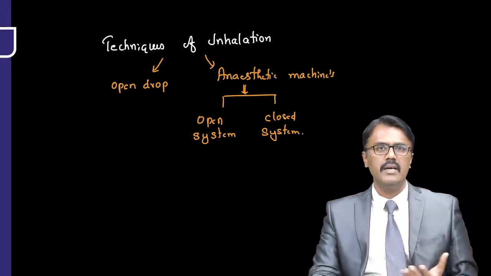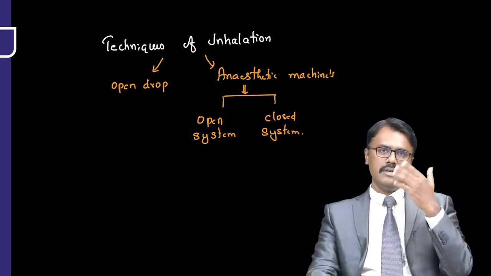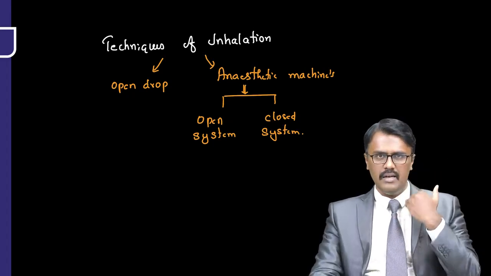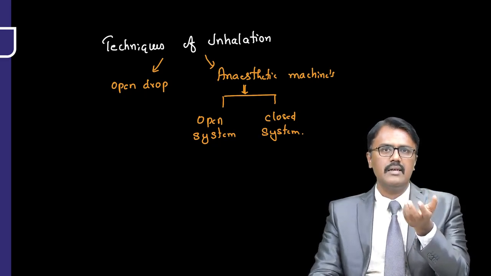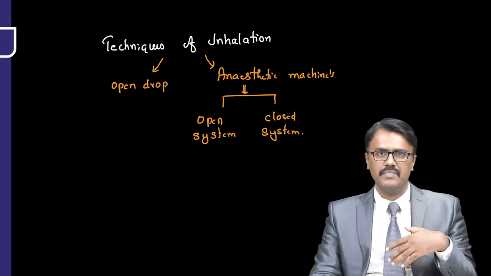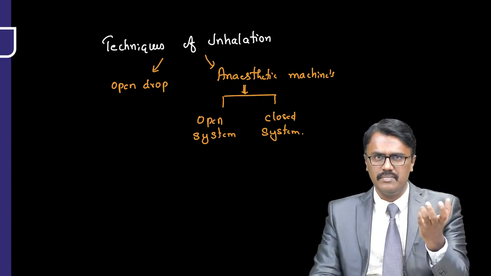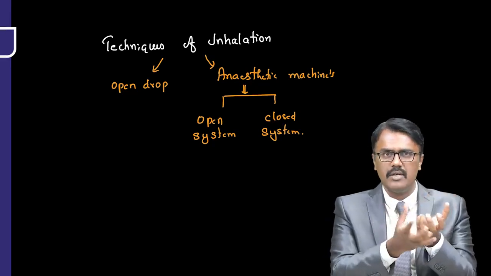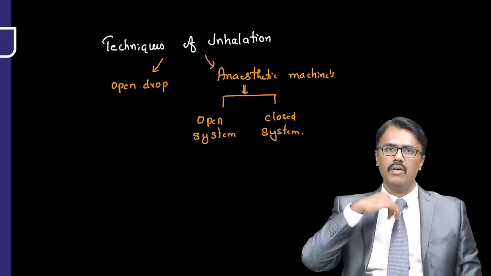In the open system, the patient will inhale the anesthetic and exhale it, so it will go out. In the closed system, the patient will inhale the anesthetic, exhale it, and that exhaled gas is rebreathed again. The carbon dioxide is absorbed using soda lime, and the remaining anesthetic goes back.